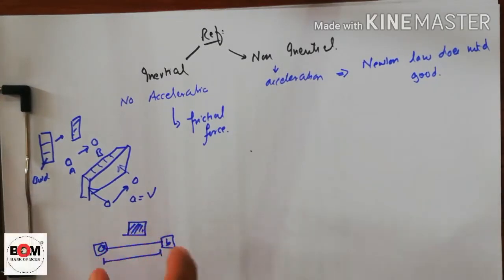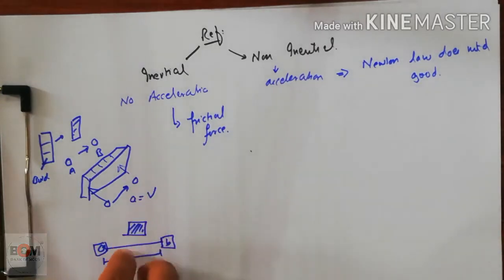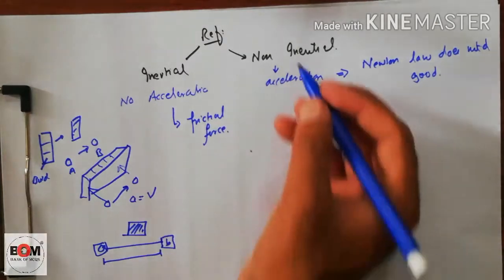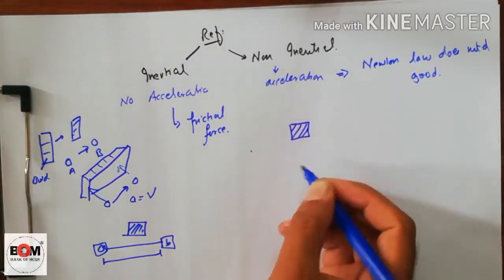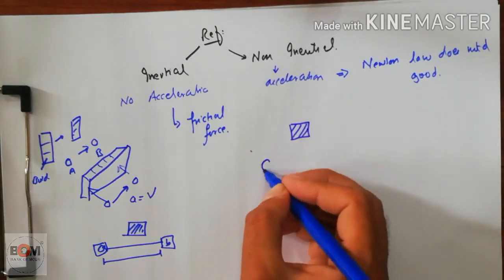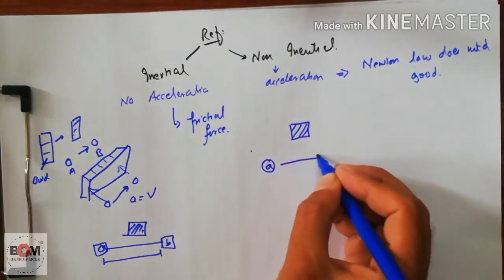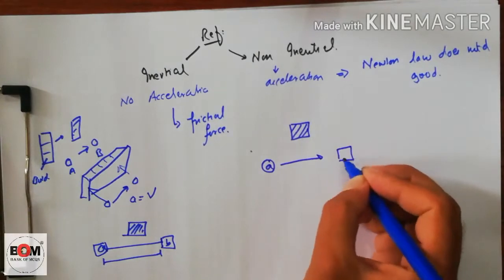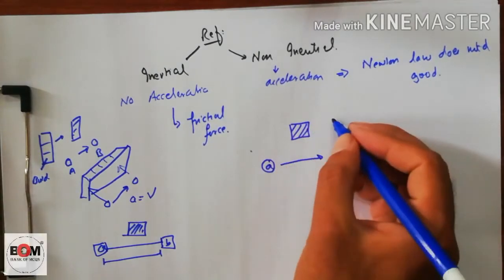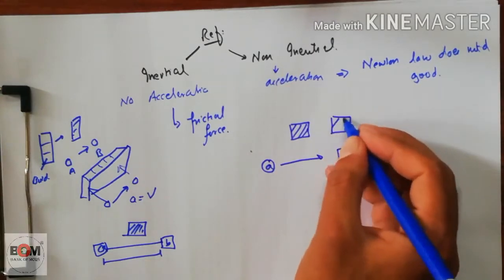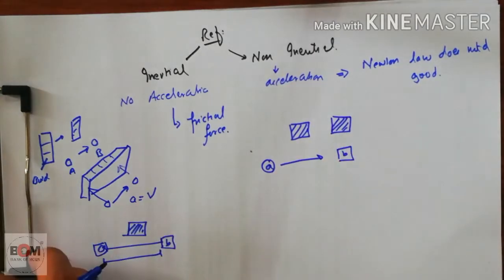This is inertial reference. So without adding anything, we can use this inertial reference. In the second case, in non-inertial, if this is the body or train, if this was the position of A and the body moves to the position B, but as the body is moving from A to B, the train is also moving, so the train will get its position here.